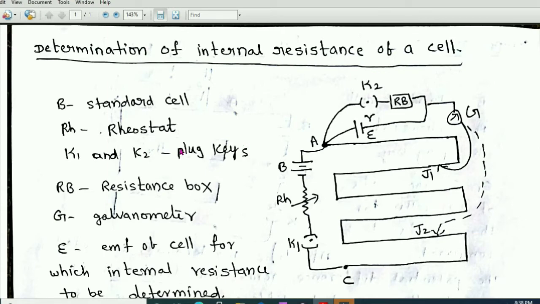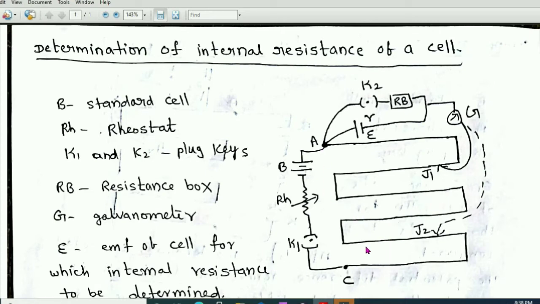Now in this class, let us discuss the determination of internal resistance of a cell using potentiometer. This is the circuit diagram, by using which we have to find the internal resistance of a cell.